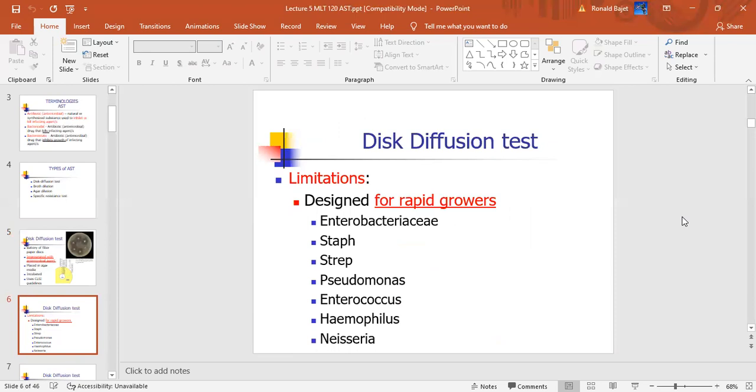Also Staph, Strep, Pseudomonas, Enterococcus, Haemophilus, and Neisseria. Those last two are very fastidious organisms, and they have to be incubated in CO2 or in a candle jar. But the other ones can be incubated at 37 degrees, and you can do Kirby-Bauer the same way.